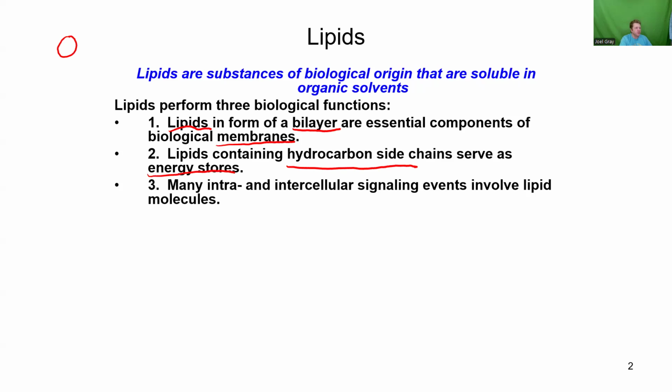Two, lipids containing hydrocarbon side chains serve as energy stores. This note is maybe an example of someone who's an endurance athlete, or involved in CrossFit or something like that. They do high intensity interval training, really intense training in some form or fashion. They might be on a high fat, low carb (HFLC) diet.